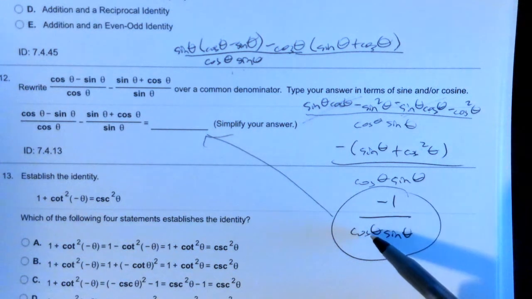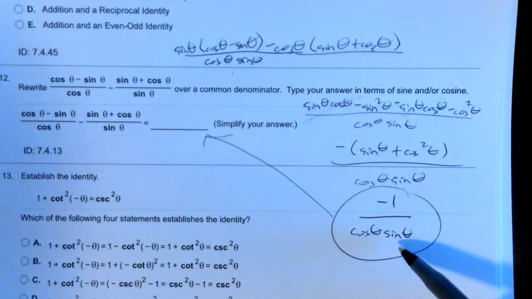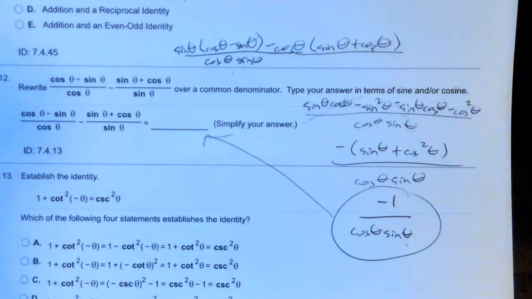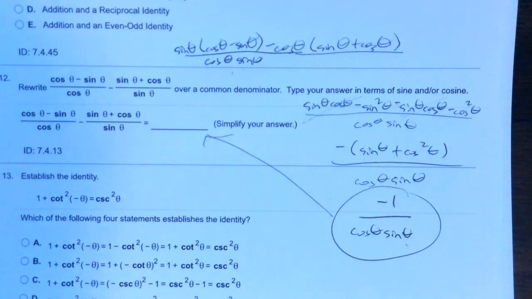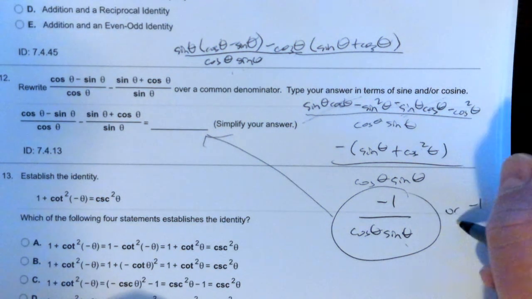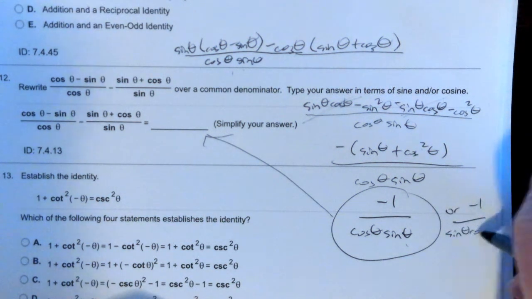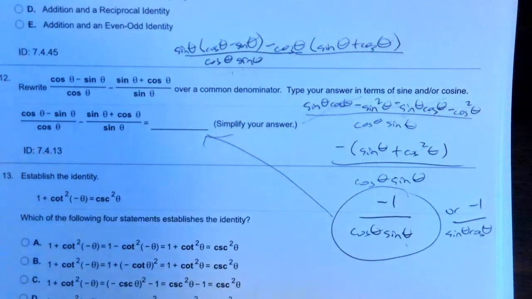So negative 1 over cosine theta sine theta. Again, it doesn't matter if you put sine then cosine. That doesn't matter.